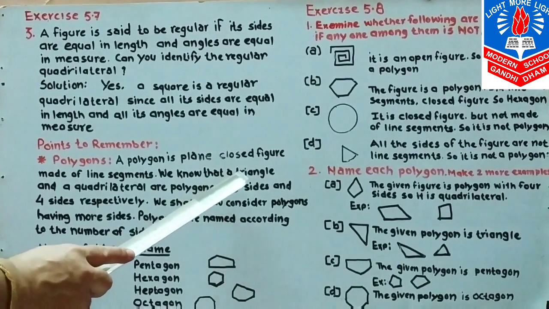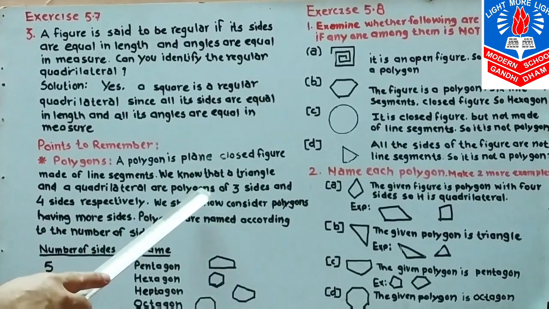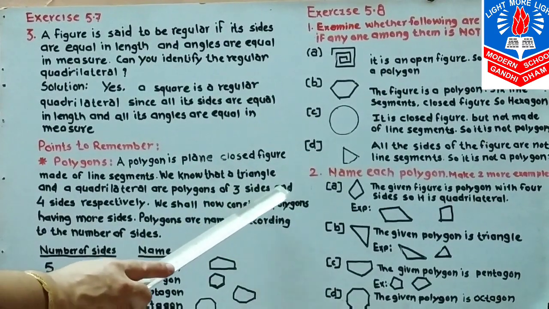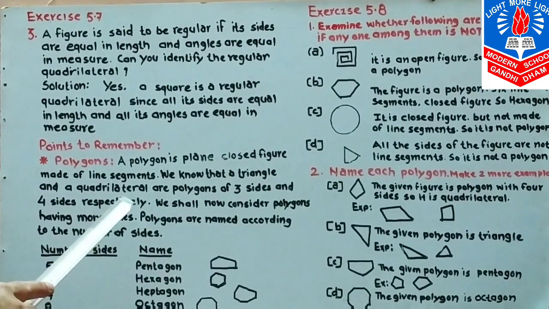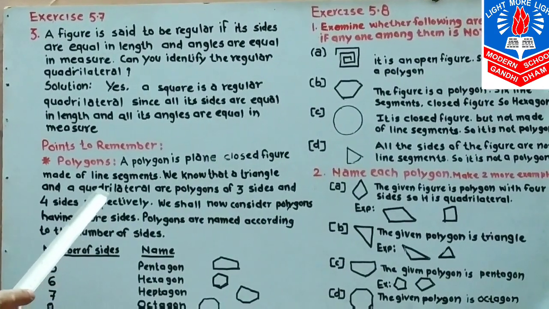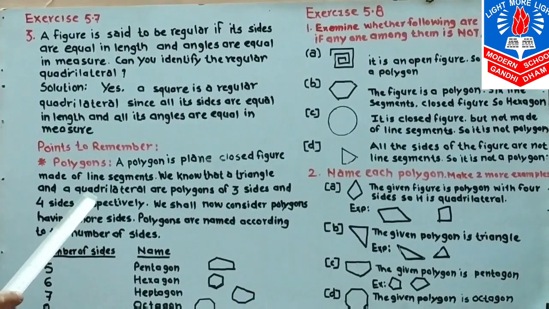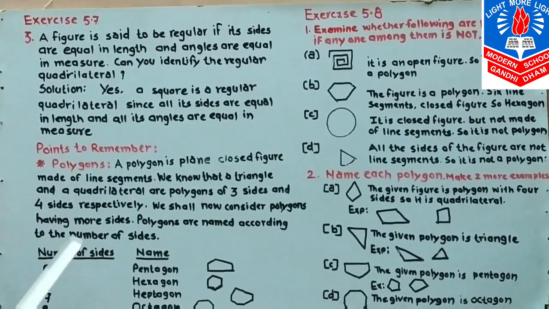We know that a triangle and a quadrilateral are polygons of 3 sides and 4 sides respectively. It means a triangle has 3 sides and a rectangle and square have 4 sides. Such types of quadrilaterals are called polygons.